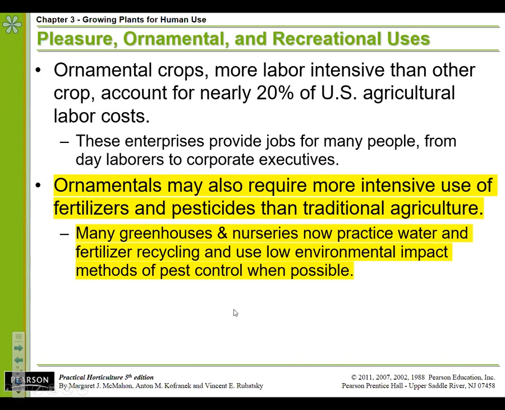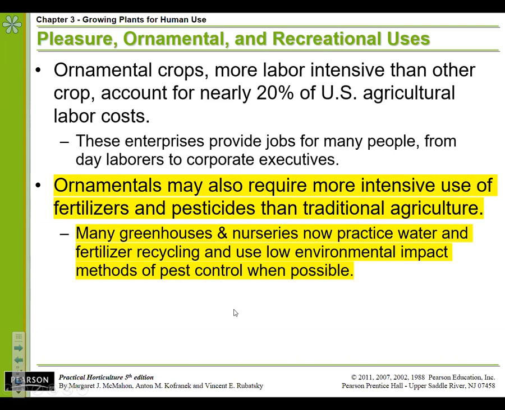And as I mentioned, they can be more intensive for the use of fertilizers and pesticides than traditional agriculture. A lot of these industries, greenhouses and nursery industries, are now having to practice water and fertilizer recycling and use lower impact methods of pest control when possible, just because it is so high impact.